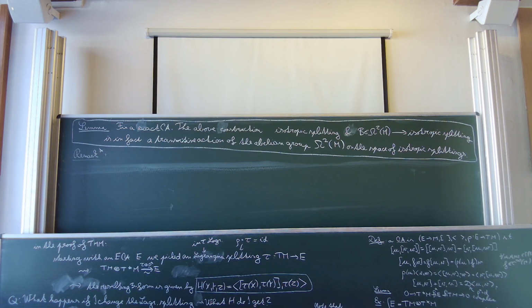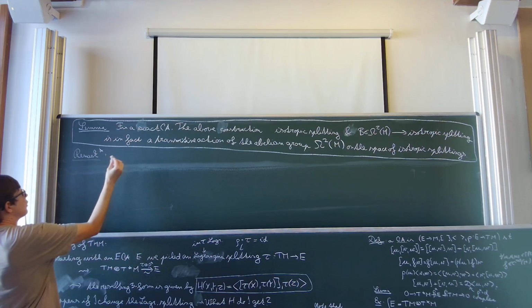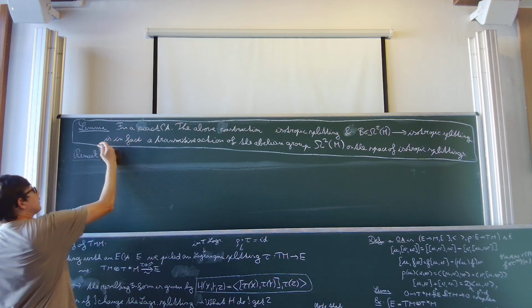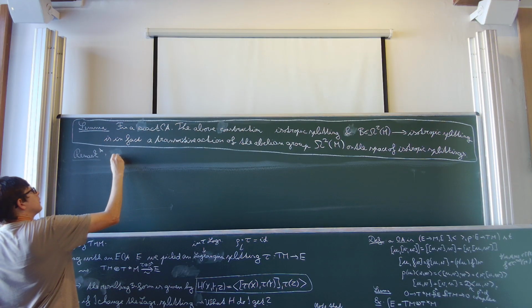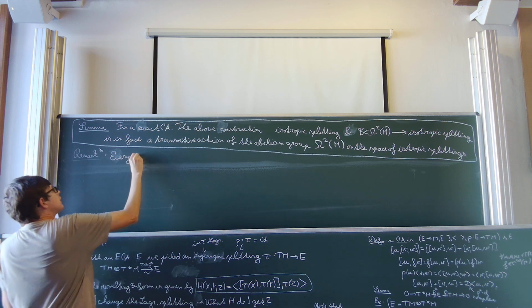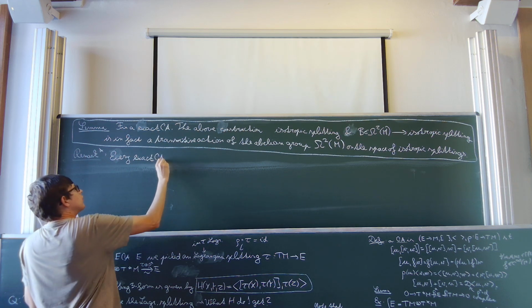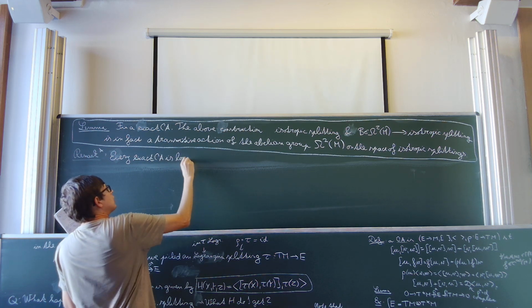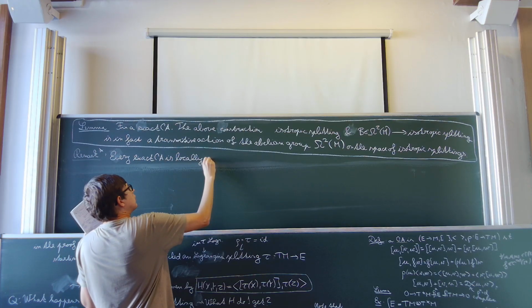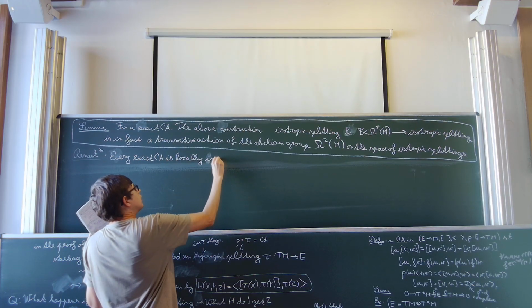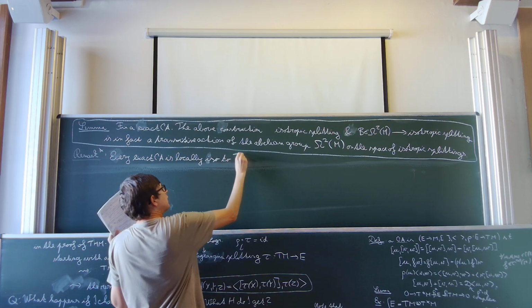But first, was this construction clear? Okay, good. So now the fun remark. One thing we know is that every exact Courant algebroid is locally isomorphic to this standard one.